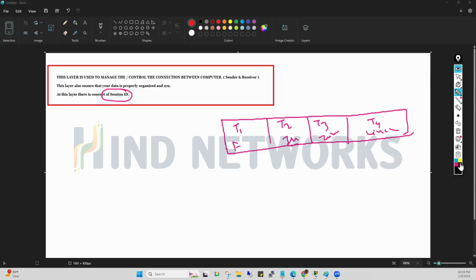Now tell me one thing. If I ask you a very basic question: if you are right now working in this tab, you are looking at this tab, is it possible that you will get the content of this tab here, I mean different tab content in a different tab? The answer is no. That is not possible.